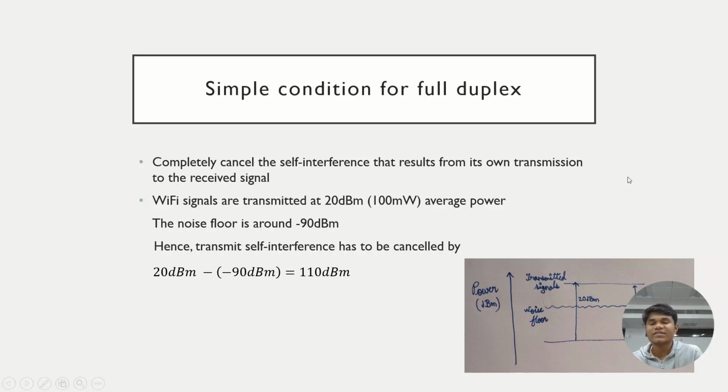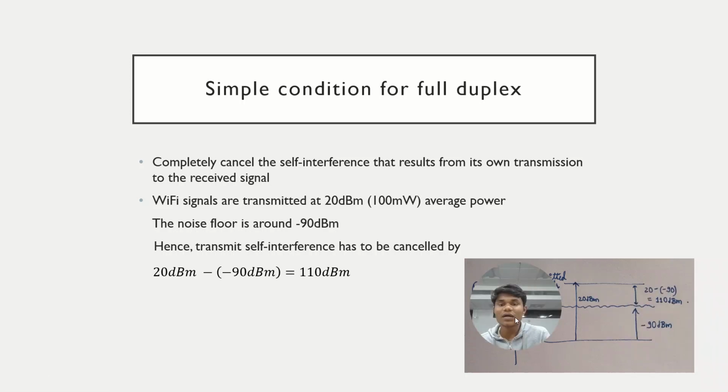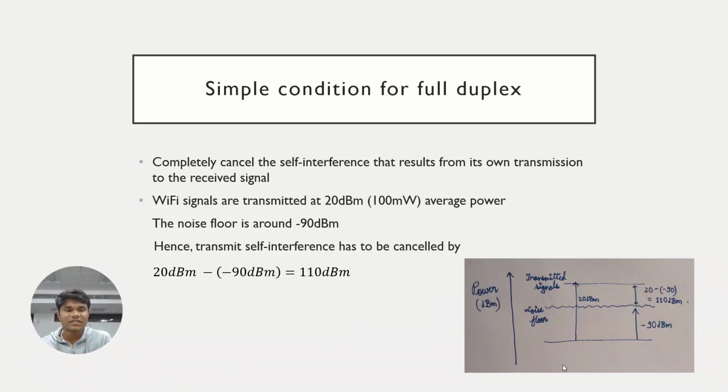Now, let's see the numbers attached with it. The Wi-Fi signals are transmitted at 20 dBm average power. The noise floor is at minus 90 dBm. I've illustrated this in this diagram that I drew. This is some arbitrary reference line, and the noise floor is somewhere here. The transmitted signal power is here.